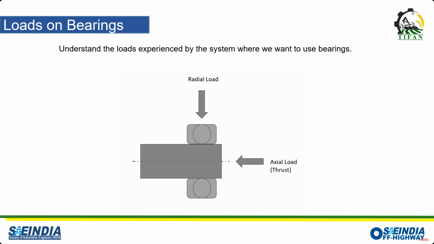There are cases where you will see both loads acting, like combined loads, so you need to consider both loads at that time. An important thing to take care of here is the axial or thrust load direction, in which direction it is acting. That also determines how you place your bearings in the system.